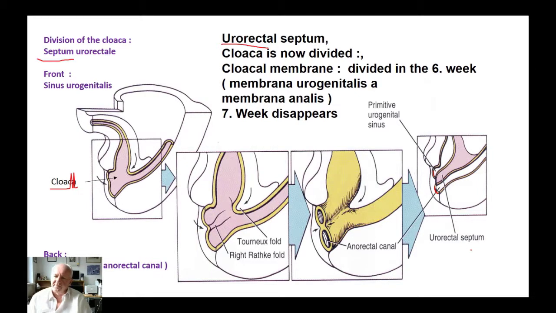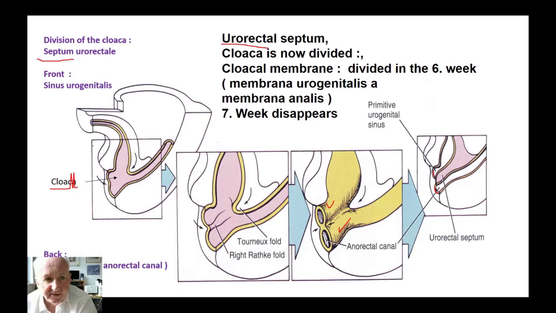So around the 7th week, these two membranes will also vanish. So, and when we have formed the septum urorectale, the cloaca has divided into two parts.